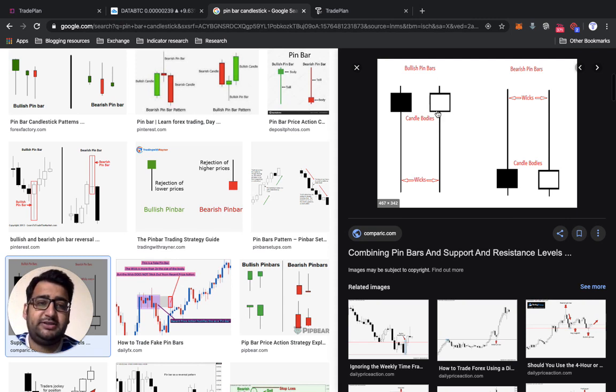And the first thing you notice is you'll have to break it down into words that are easily explainable. So the way I would describe this to anybody who cannot see the particular image would be that it's a candle whose high minus the open is almost 3 to 4 times greater than the open minus the low, right?